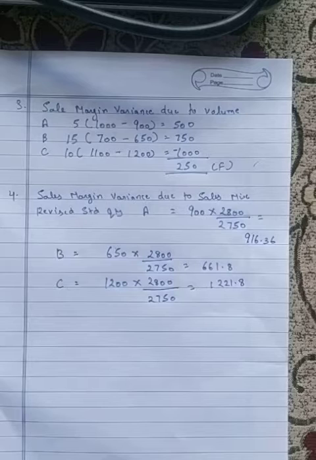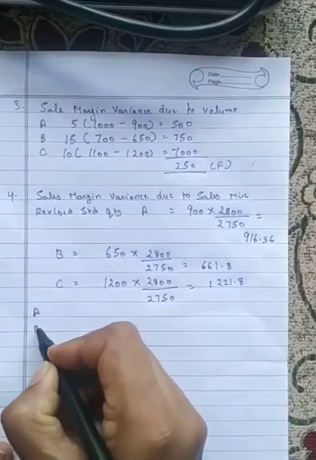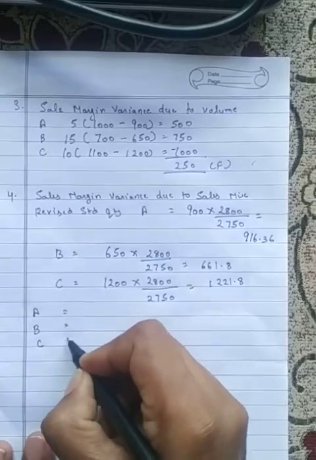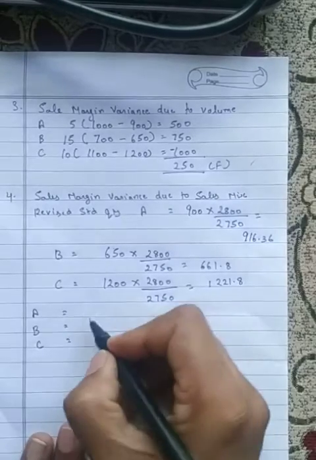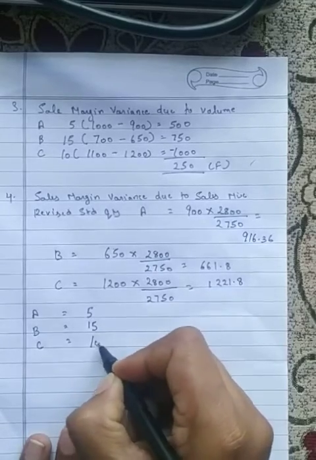Now with the help of these revised standard quantities, we will calculate the sales margin variance due to the sales mix. Formula is standard profit per unit multiplied by actual quantity of sales minus the revised standard quantity. Now A, B and C. Standard profit per unit of A is 5, B is 15, C is 10.